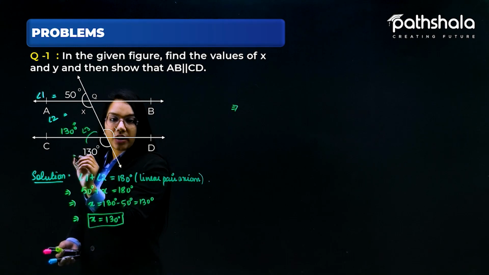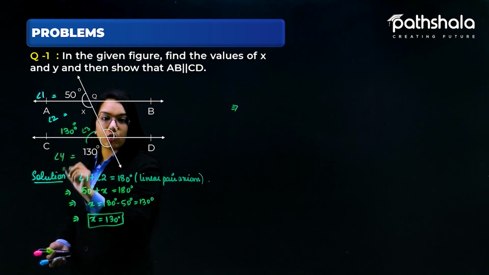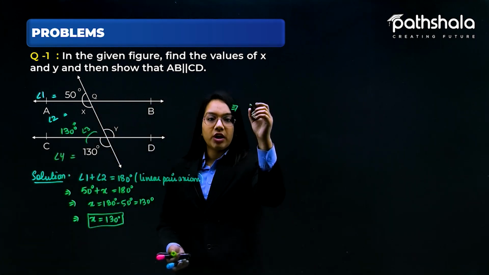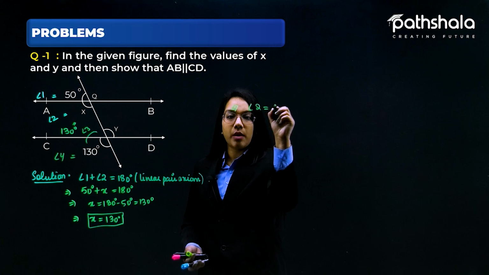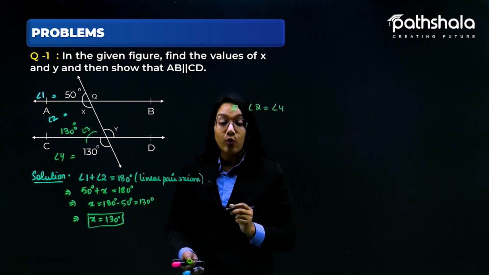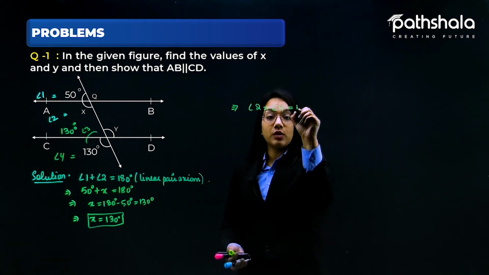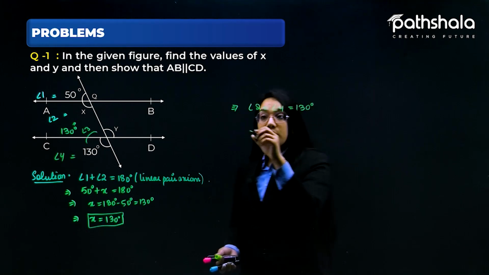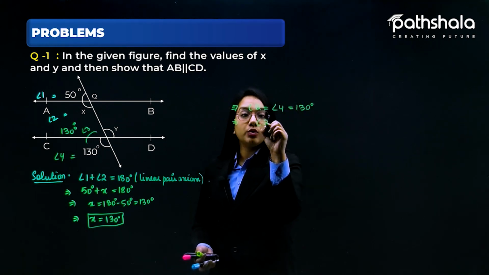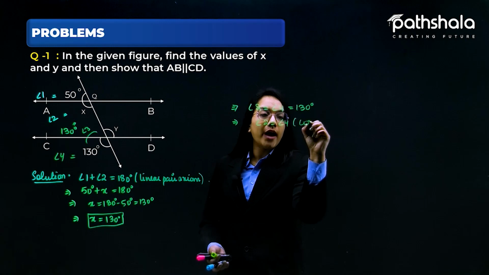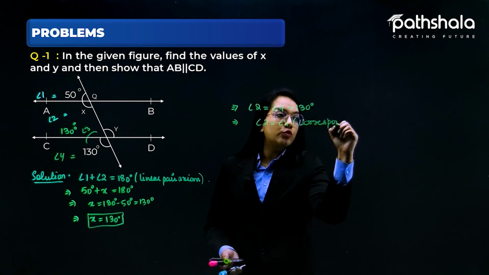Let us call this angle, angle 4. We can see that angle 2 is equal to angle 4, which is equal to 130 degrees. So angle 2 is equal to angle 4, and they form corresponding angles.